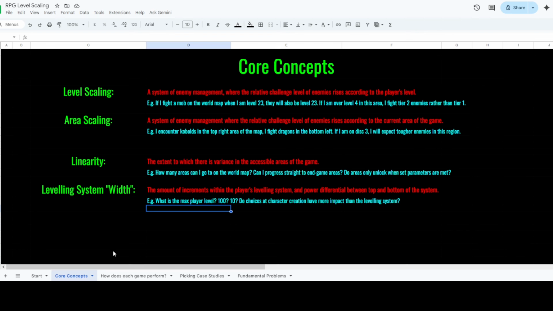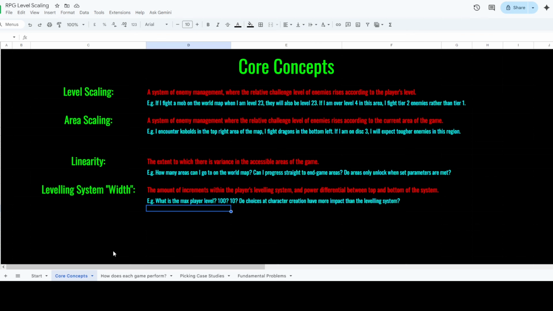Baldur's Gate 3 is quite open and non-linear in terms of its story, but its area progression is not totally linear by any stretch, but it's more linear than the story would be.